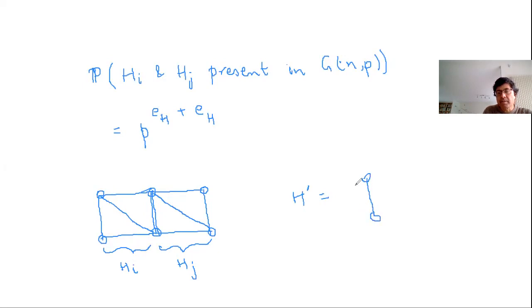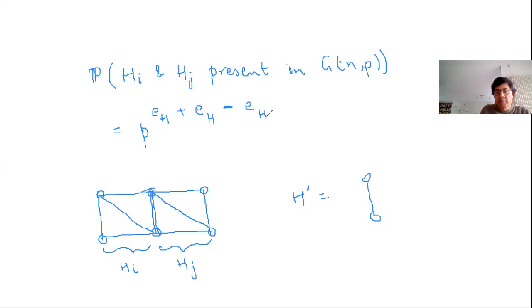So this is just a single edge. We need EH edges for the first graph, EH for the second, but we take away what's common, which is the number of edges in H prime. So minus EH prime.